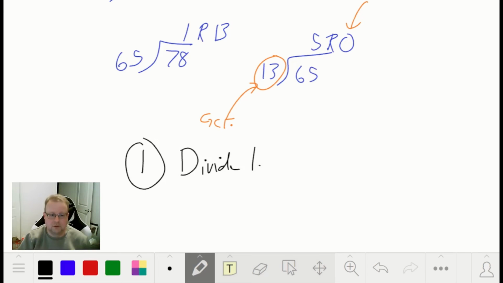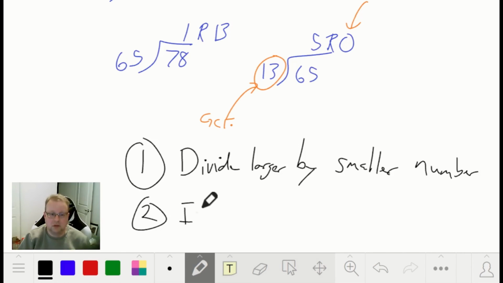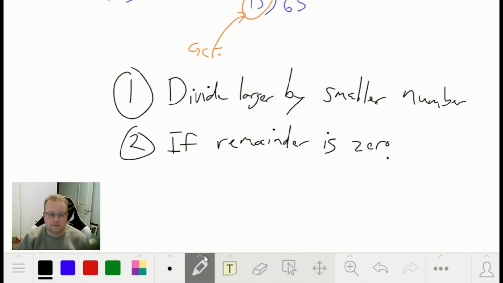where you divide the larger number by the smaller number. And now, if the remainder is 0, then our divisor is the GCF.